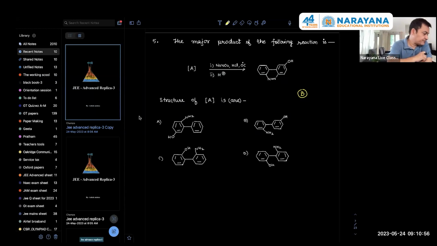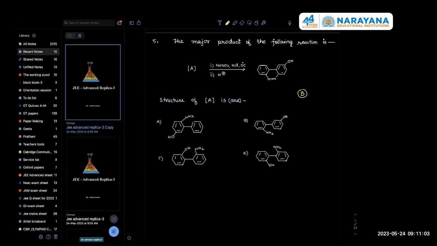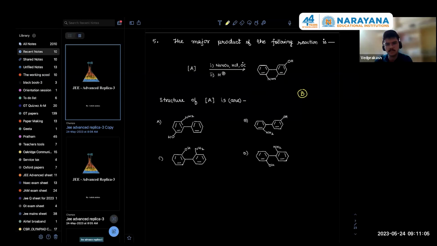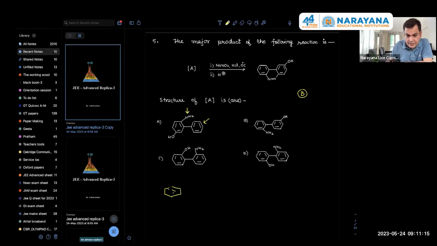First diazonium, then attack from beside the ring, the closest nucleophile. Okay, so you will get the same situation, right? Now my question is, if this becomes diazonium and attacks this ring, diazonium, N triple bond N positive, is a very weak electrophile.